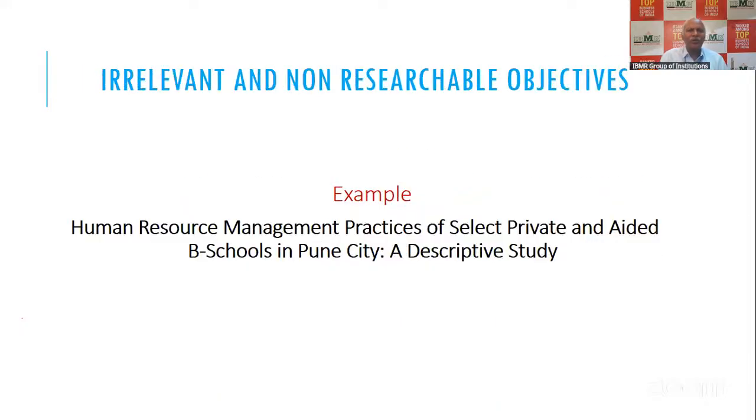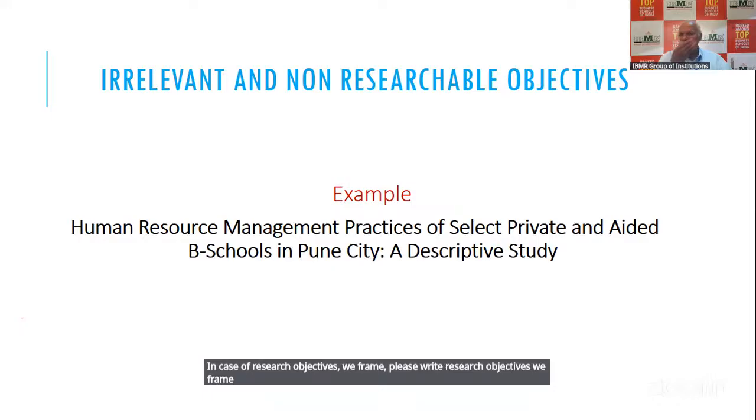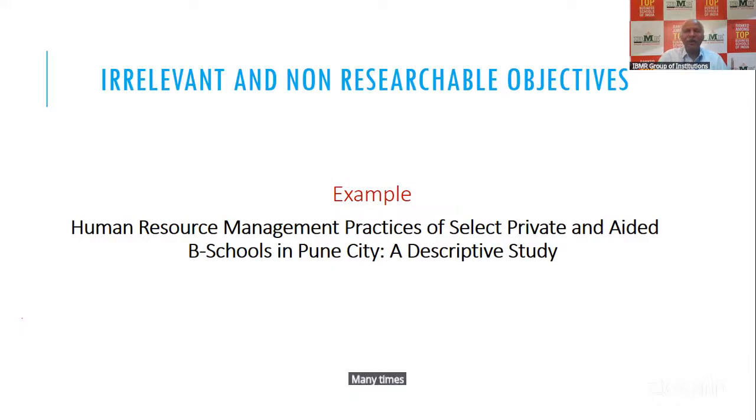Now, one more thing: in the case of research objectives, we frame them. Many times, while setting research objectives, we hardly follow the process. We hardly do it meticulously, because we always prefer quick and fast work.